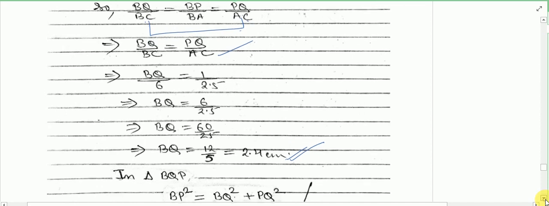So we got this. Now since we are looking for BQ, and BC, AC and PQ are given to us, we will use these, substitute the values, and BQ will be 2.4 centimeters.